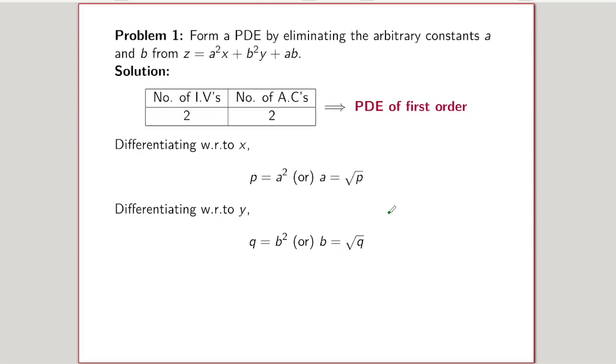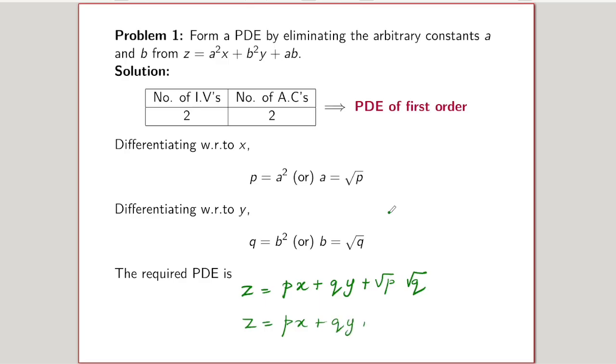Now the required PDE is obtained by replacing the arbitrary constants with the terms obtained in the previous equations. a square can be written as p, x and b square can be replaced with q, y, plus a is root p and b is root q. So your final PDE will be z is equal to px plus qy plus square root of p into q.